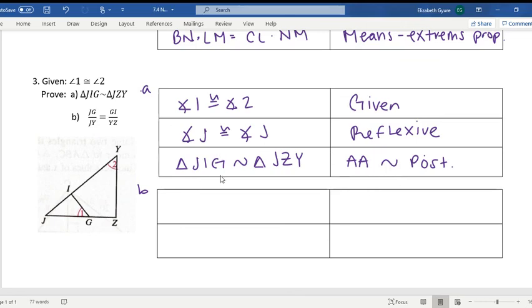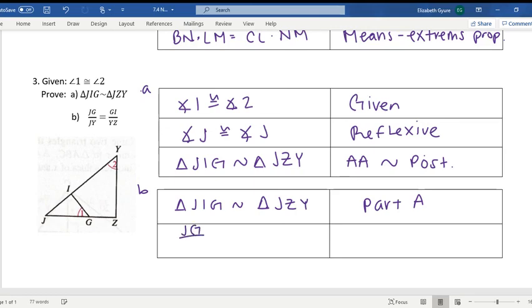Okay, once we've shown that they are similar, then what you can do is now show their sides are proportional. So technically this is like the second part of a continuing proof. So I'm just going to restate what we concluded in part A. We concluded that triangle JIG is similar to triangle JZY, and I'll just cite part A here. Now we can say the parts are proportional.